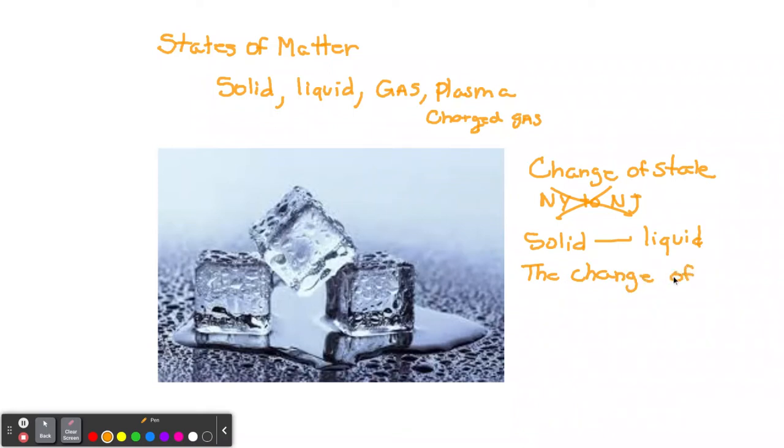A change of the average kinetic energy. The average kinetic energy of a substance is its temperature. And again, we can use Celsius, Kelvin, and Fahrenheit. Most of the world uses Celsius. Science uses Kelvin and also Celsius. And only a few countries use Fahrenheit, like the United States, for one.